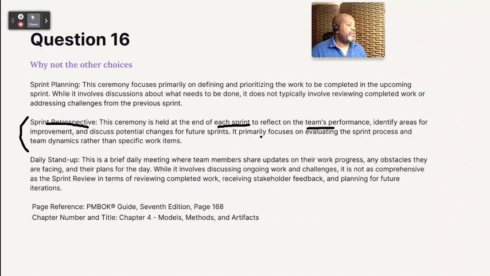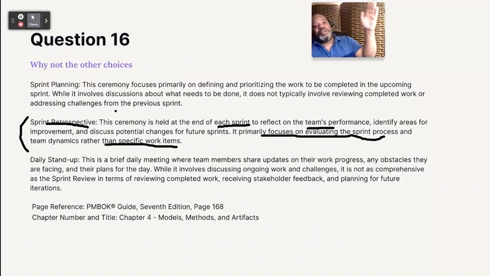It primarily focuses on evaluating the sprint process and team dynamics rather than specific work items. So, a sprint review looks at the work items. A sprint retrospective looks at how we are doing the work and whether we are doing it effectively. I love that. I was wrong.